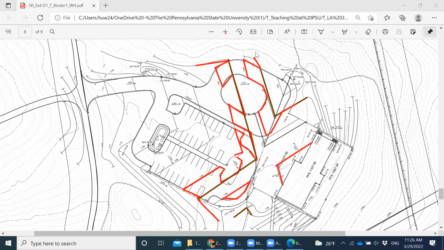We're missing something. The other way around. I don't think your HPS is over there. Your HPS should be over here.